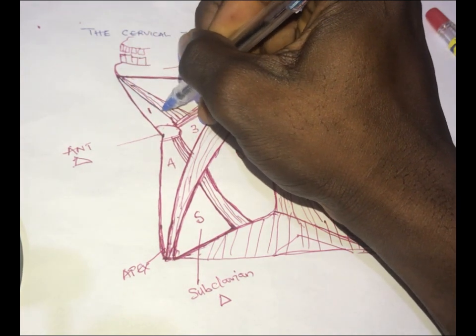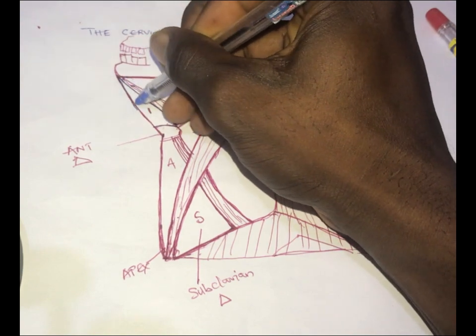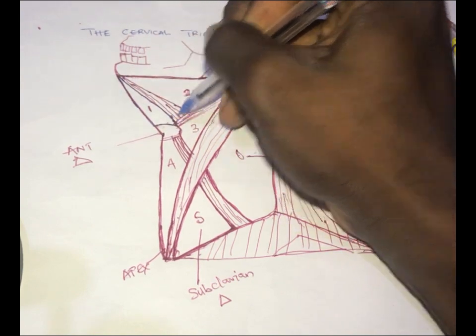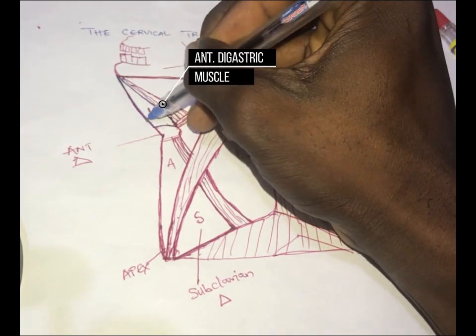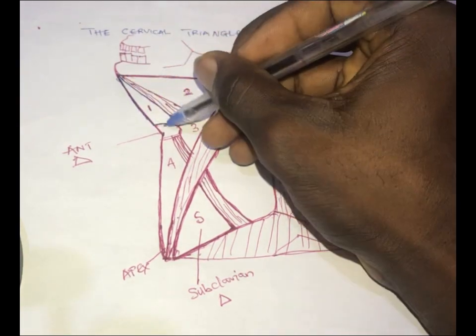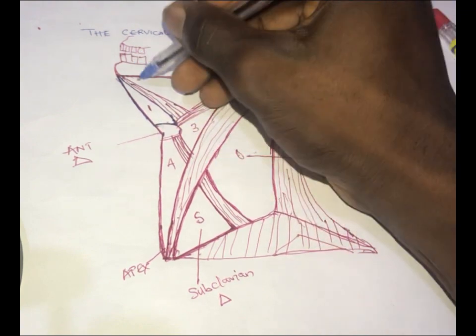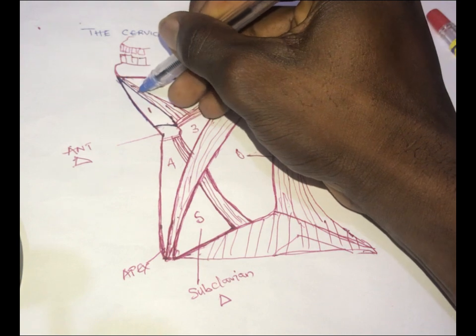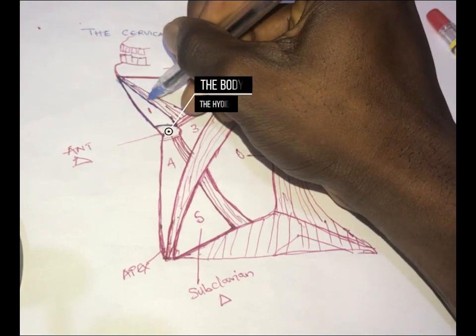The submental triangle is bounded side by side by the anterior belly of the digastric muscle, and anteriorly it is bounded by the midline of the neck, and the base of this triangle is formed by the body of the hyoid bone.